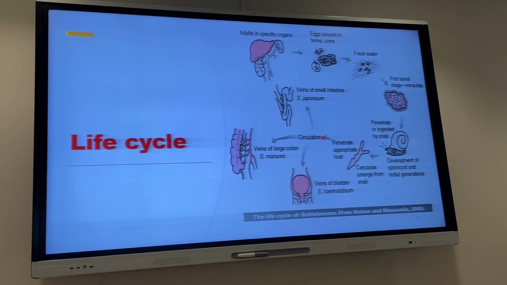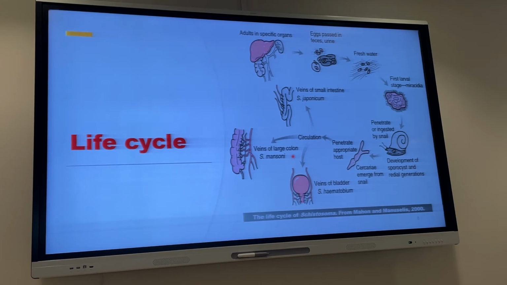Once that happens, it's going to lose its tail, and it's going to transform into what we call a schistosomule. Now, the schistosomule does something. It incorporates the host antigens onto its outer surface so that the immune system does not recognize it as foreign. Eventually, depending on the species you are dealing with, the schistosomule will transform into adult worms in the appropriate venous system. So for S. haematobium, it's going to be the venous plexus draining the bladder.